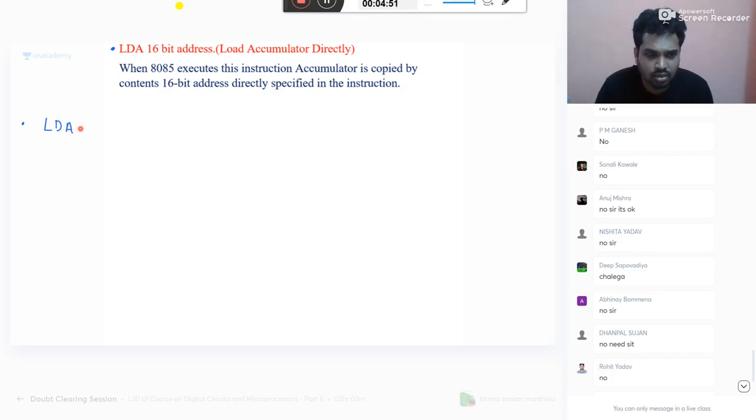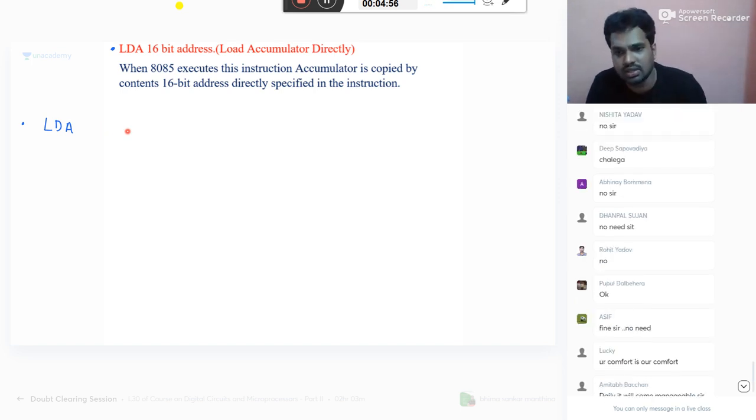LDA 16-bit address. What will it do? Let's take one example: load accumulator with, say, 3000 hexadecimal. If I say like that, what happens?